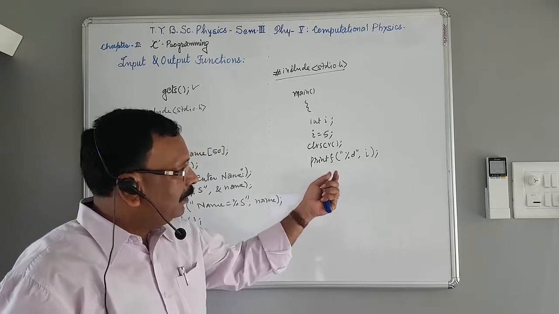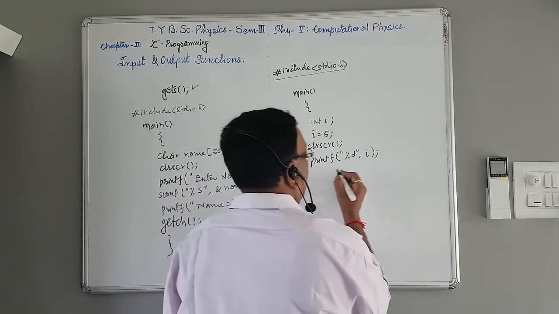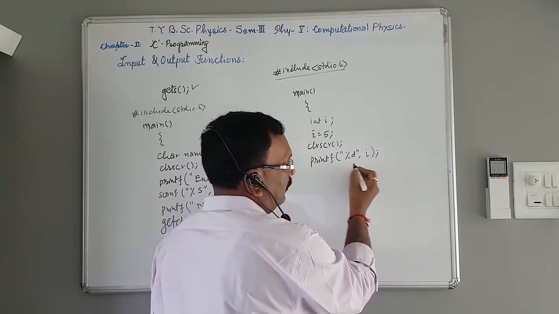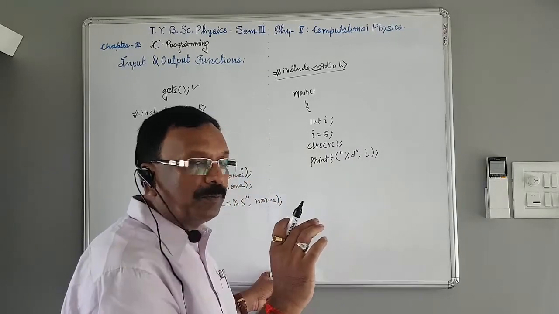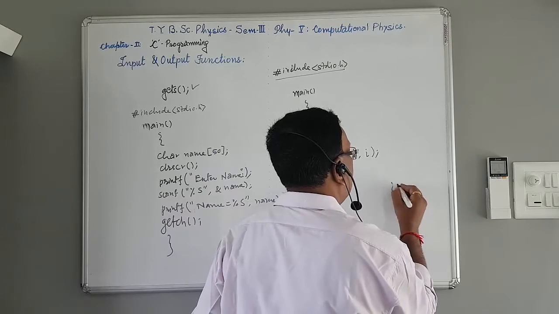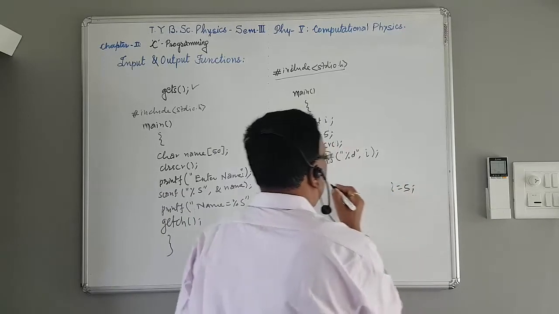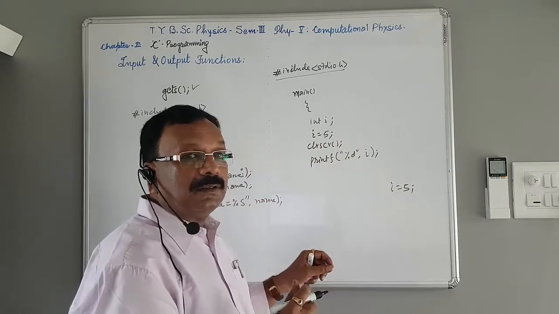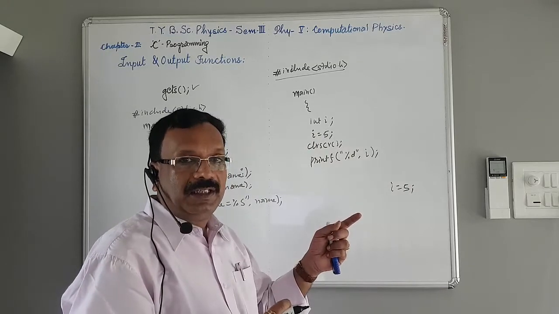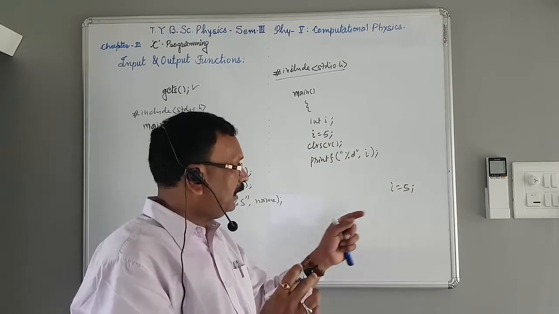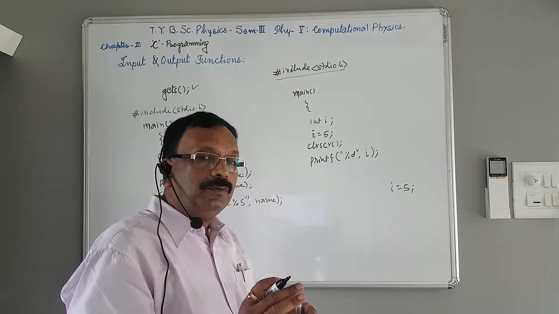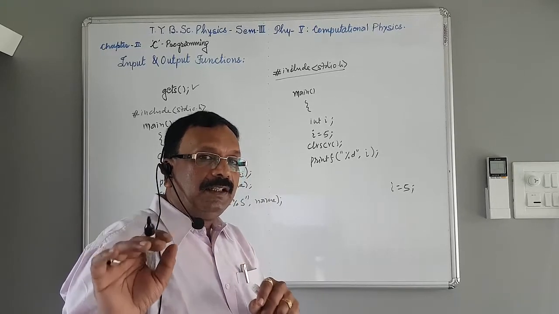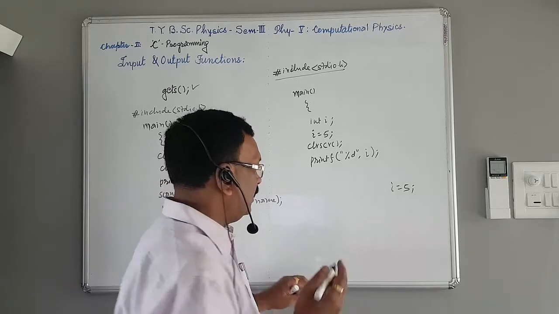Now, through this statement, the computer displays the output of the program like i is equal to 5, but there is an echo on the screen, and we want to see this output on the screen after the execution of the program until a certain key is pressed.